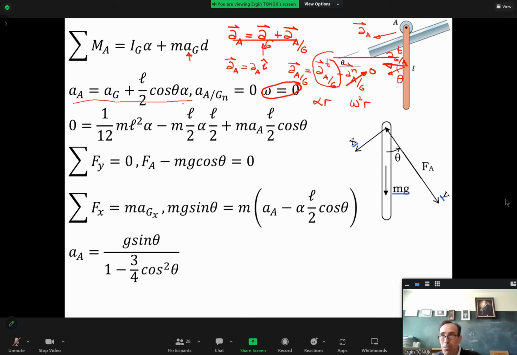Okay? So I can substitute everything into my moment equation, and without having the reaction force, moment of the forces were 0. This is Ig alpha.